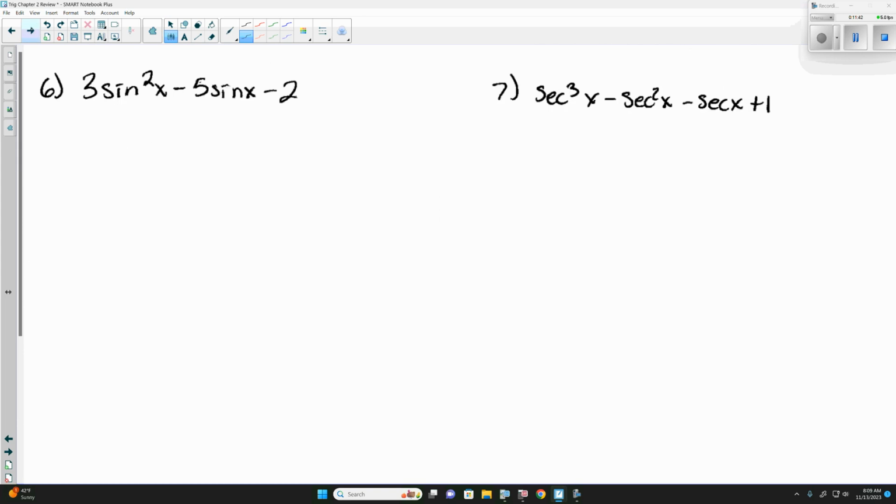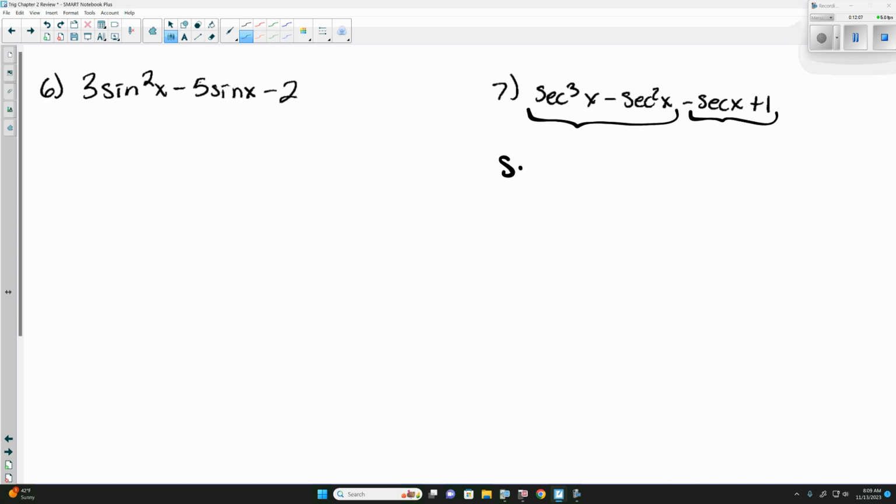Questions on 6 or 7? 7 is actually factoring by grouping, because we'll group them together. And normally with 4, I group the first two and then I group the second two. So if we look at secant cubed minus secant squared, what's in common with both those terms?